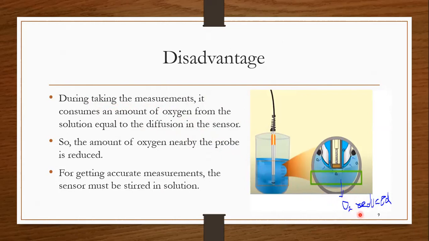Here I show its oxygen is reduced because when oxygen starts to move upward, permeating the Teflon membrane, the amount of oxygen present in the water is reduced. So we stir the electrode in the solution. In this way, the solution is homogeneous, and we can find the amount of oxygen accurately.